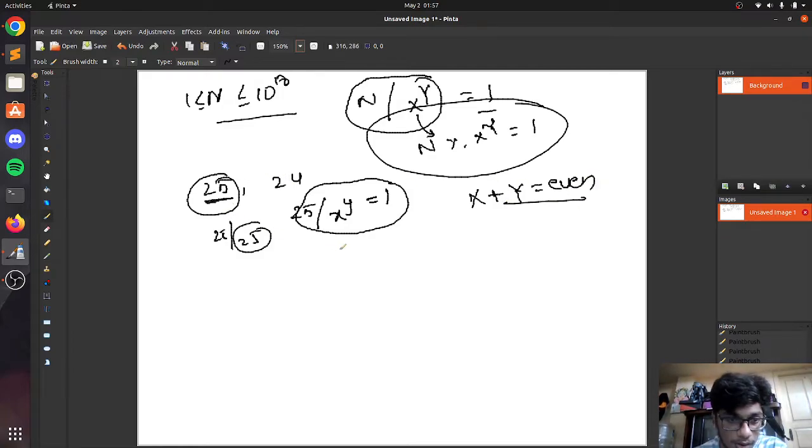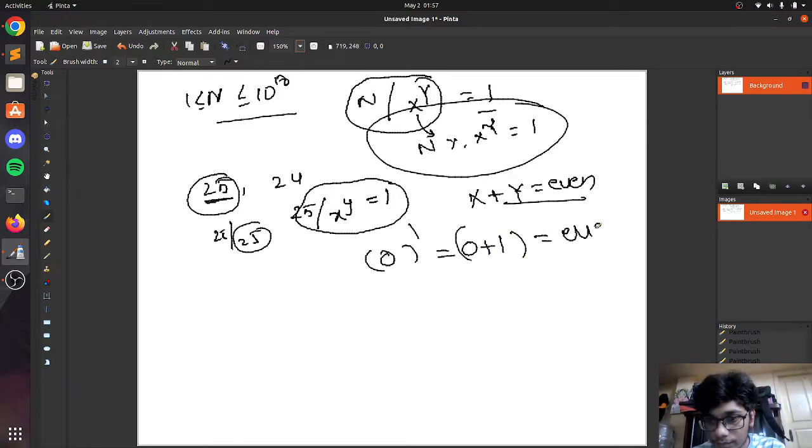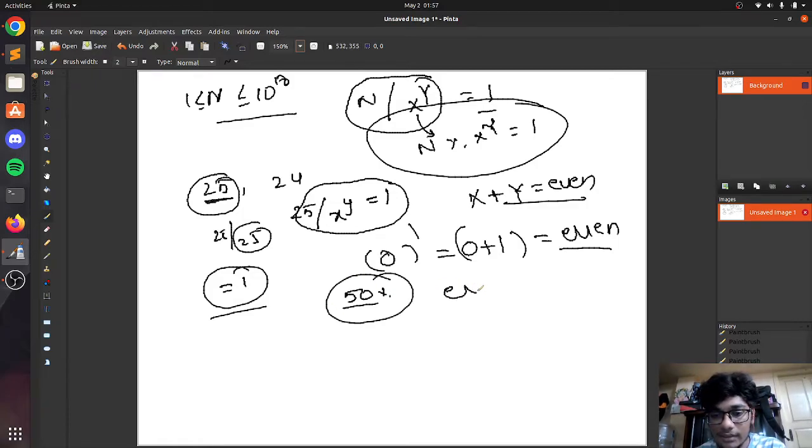If n is odd, then odd to the power of 1, odd plus 1, is even. So if n is odd, it simply becomes 1, and then 50% of cases are done. Then you have to see the remaining 50% of the numbers, that is, the even numbers.